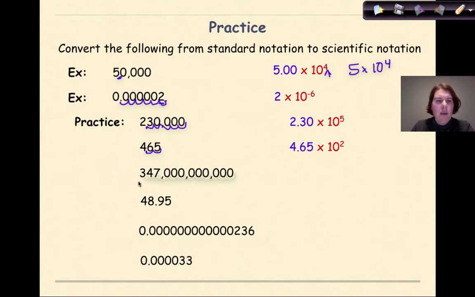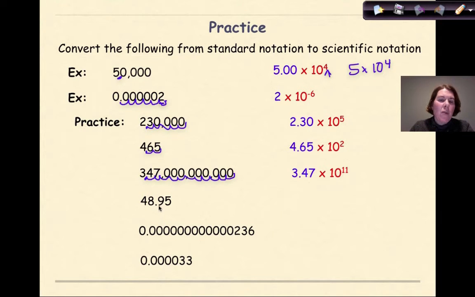Let's look at our next example. We have this very large number right here. Ultimately, we're going to put a decimal point right here. So let's count over to the right. So 1, 2, 3, 4, 5, 6, 7, 8, 9, 10, 11. So our answer here will be 3.47 times 10 to the 11. Okay, let's look at our next example.